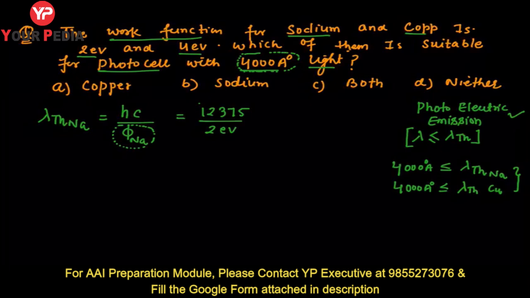If I am writing this relation, then the wavelength should be in angstrom. Hopefully you remember the relation, energy is equal to 12375 upon lambda in angstrom. I am using the same relation. It doesn't matter that this is work function, it is a type of energy. Is it clear? So this value comes to about 6187.5 angstrom for sodium.